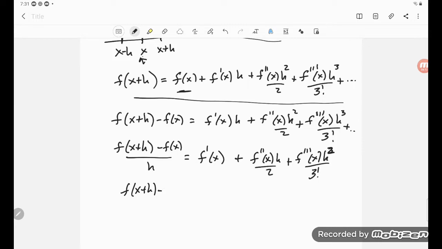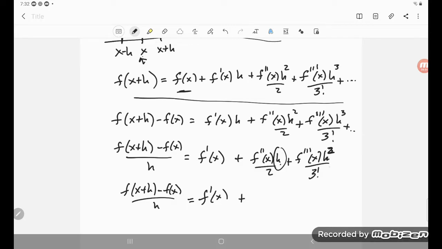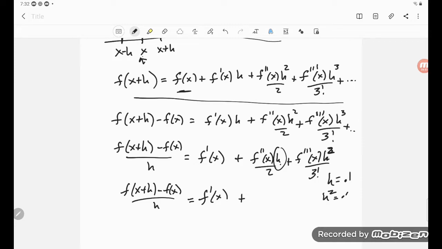And so what we would say is that f of x plus h minus f of x over h, that quantity, is approximately equal to f prime of x plus some error, okay? And that error is based on h, the size of my delta x. Now, because typically delta x is going to be less than 1, if I take delta x squared, or h squared, say h is a tenth, if h was 0.1, then h squared is clear down at 0.01.